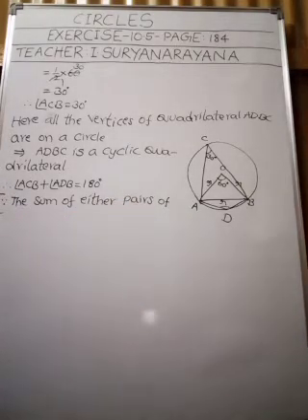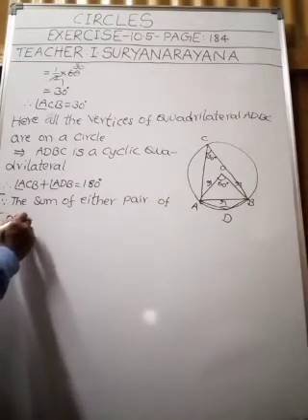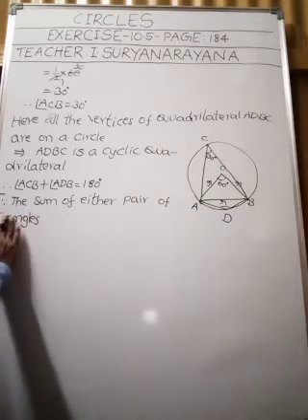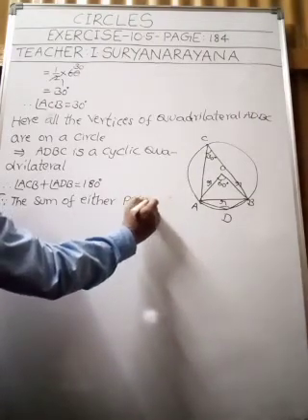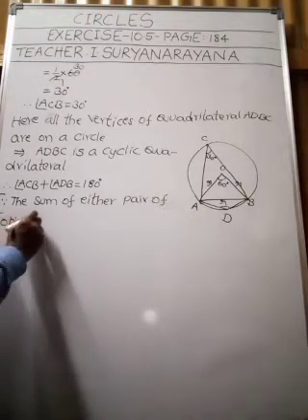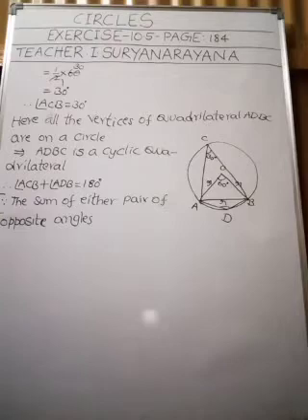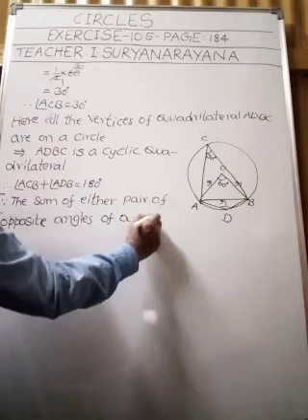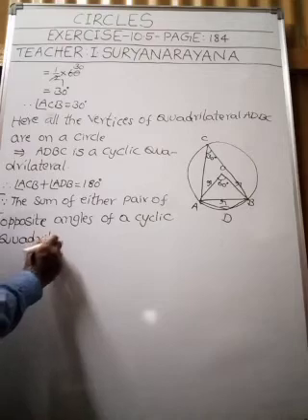the sum of either pair of opposite angles of a cyclic quadrilateral is 180 degrees.